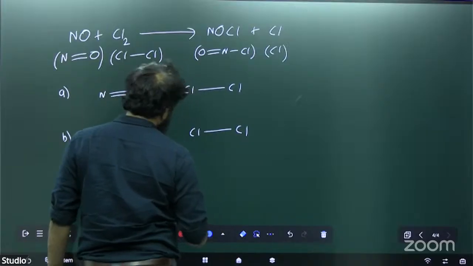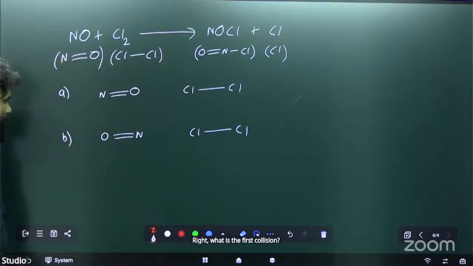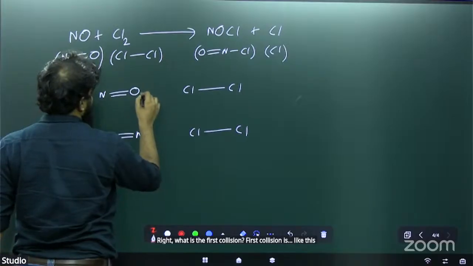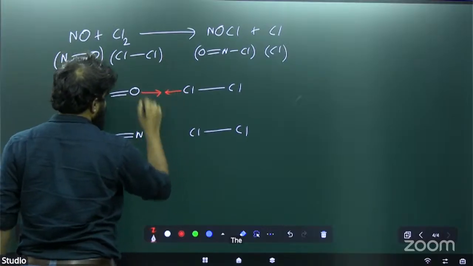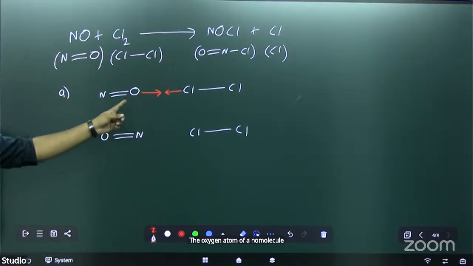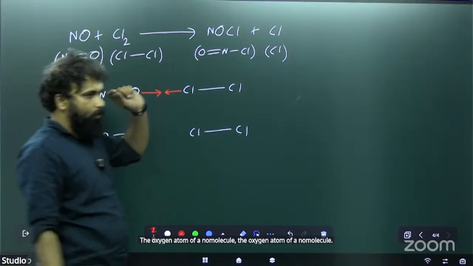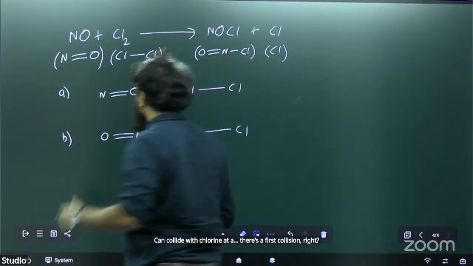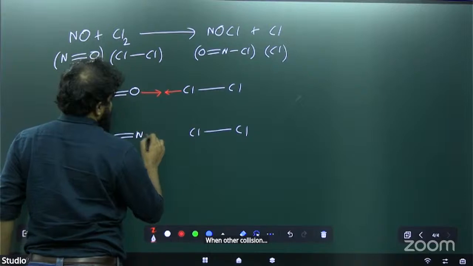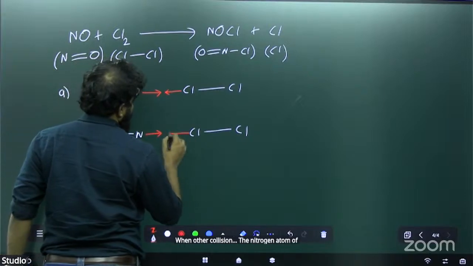What is the first collision? The oxygen atom of the NO molecule can collide with a chlorine atom. That's the first collision, right? The other collision is where the nitrogen atom of the NO molecule collides with a chlorine atom.